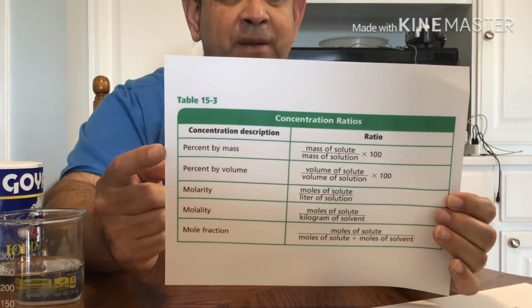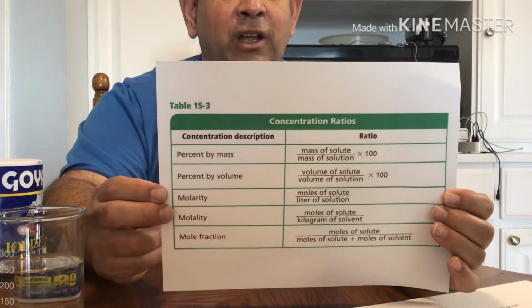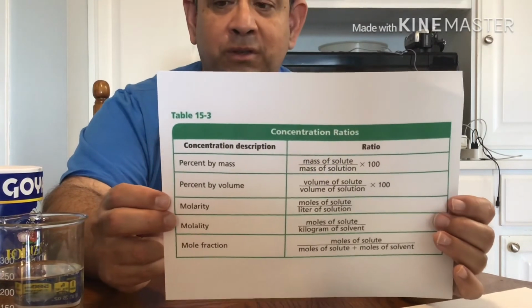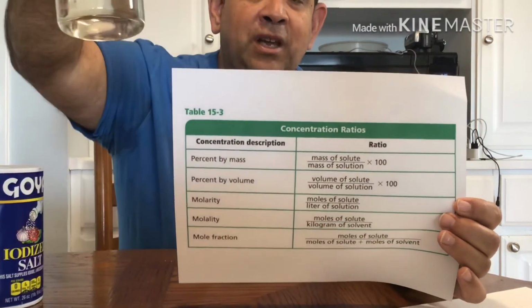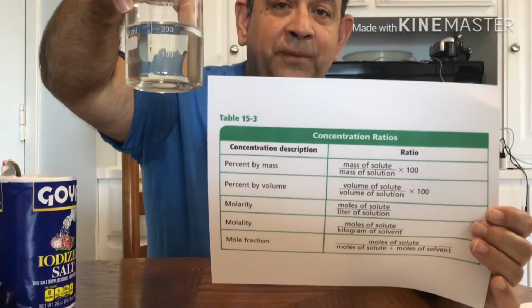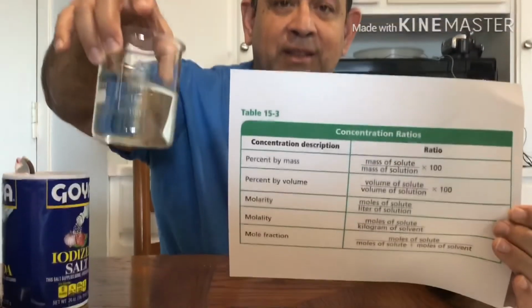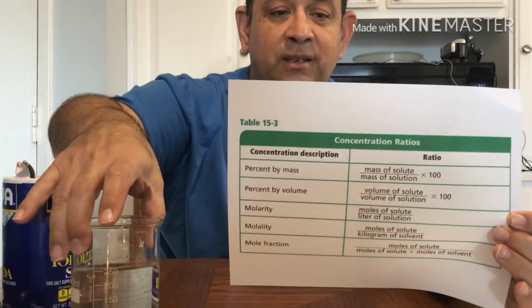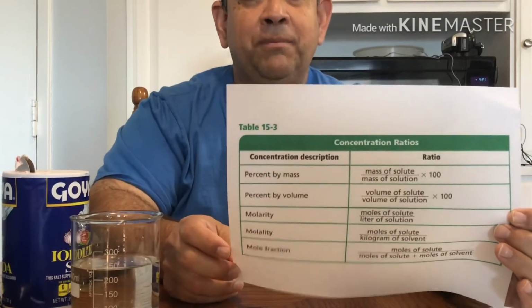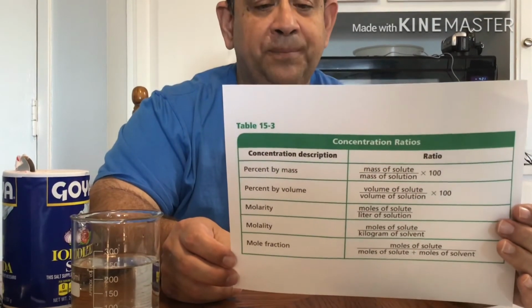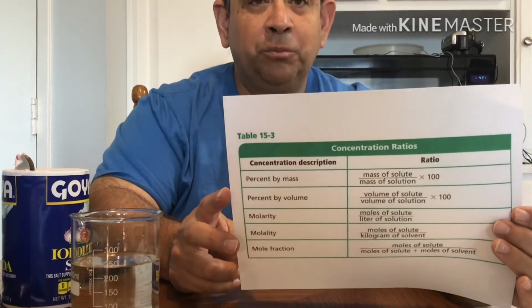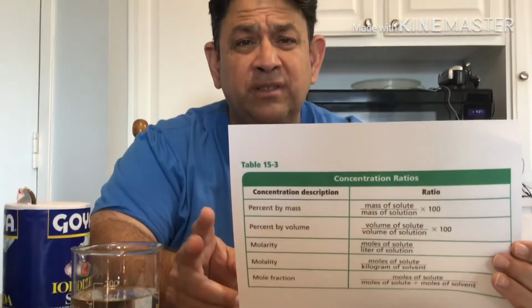Percent by mass is just taking the mass of your solute divided by the mass of the whole solution. So if I were to figure out how many grams of salt I put in here, and divide it by how much the total mass is, that would be my percent by mass of my solute. Percent by volume usually works with liquid solutions.